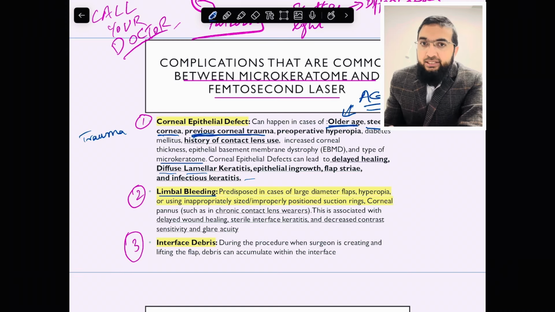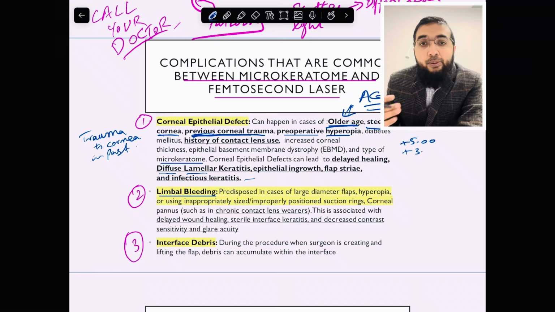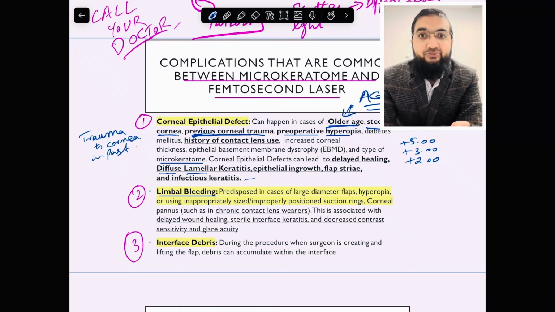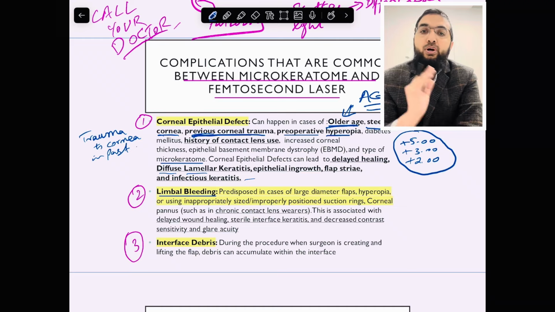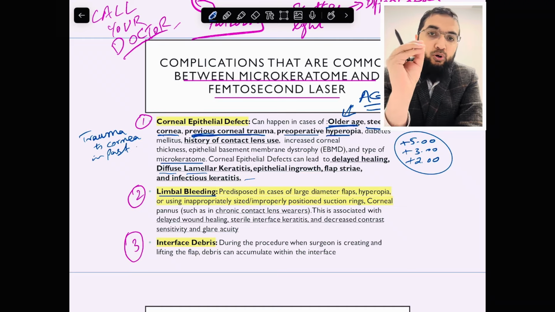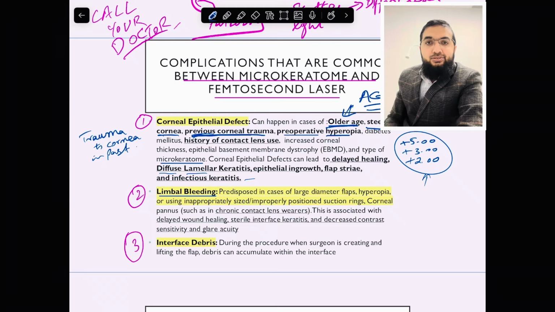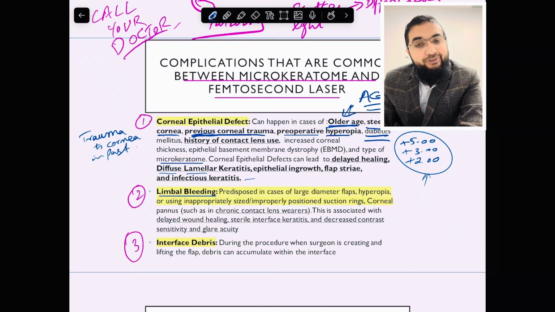A steep cornea in itself will possibly cause a corneal epithelial defect, not every time, but yes, it can. Previous corneal trauma can also cause corneal epithelial defects and lead to problems. And pre-operative hyperopia: if a patient has a plus prescription, let's say +5, +2, +3, whatever it is, if he is a hyperope, which means a plus prescription in the sphere part of your glasses or contacts, yes, they are predisposed to corneal epithelial defects.